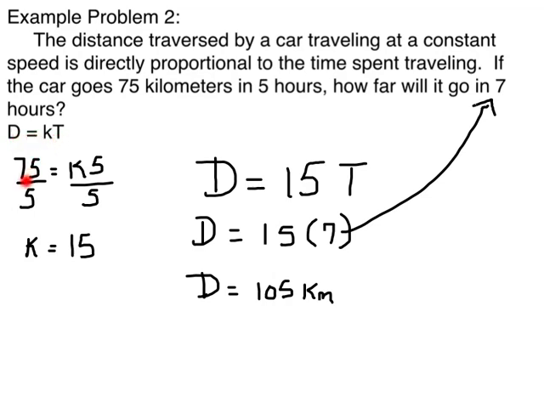So the distance is 75 and the time is 5. What is the constant? It would be 75 divided by 5, which is 15. Now we know what numbers to plug in. We want to know the distance, and we know that it's 15 times 7 hours. And 15 times 7 is 105, so the distance then would be 105 kilometers.